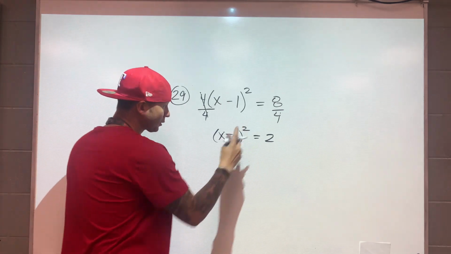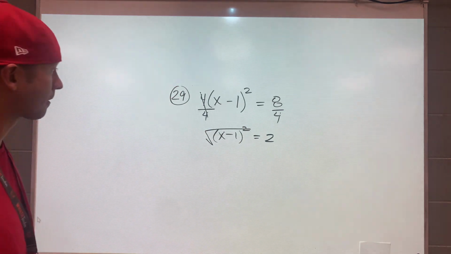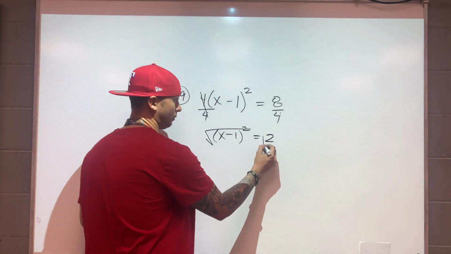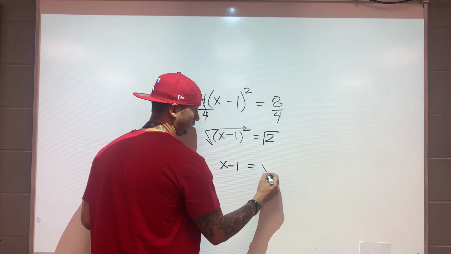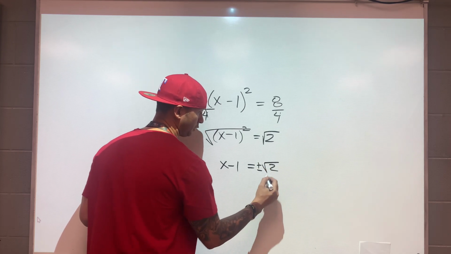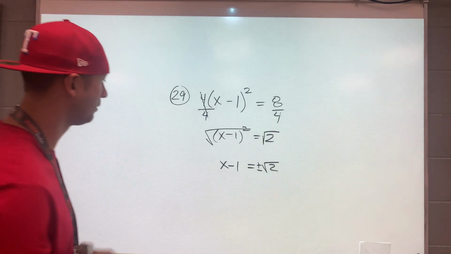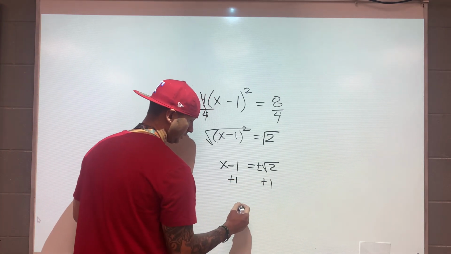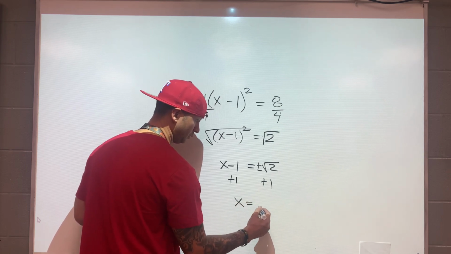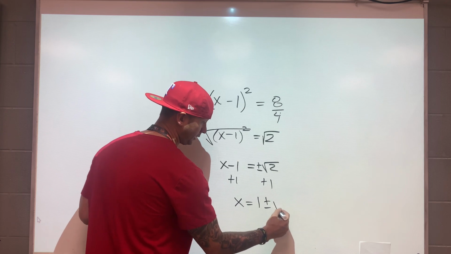I want to undo the square. So I'll take a square root of both sides. So this is x minus 1 equals plus or minus root 2. All right, I'm going to add 1. So x is equal to 1 plus or minus root 2.